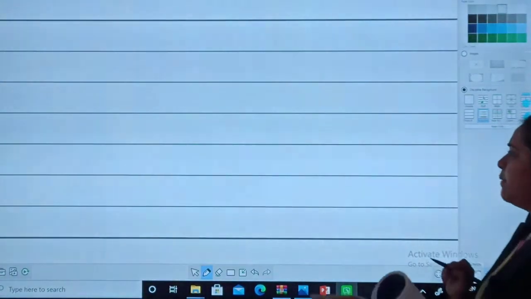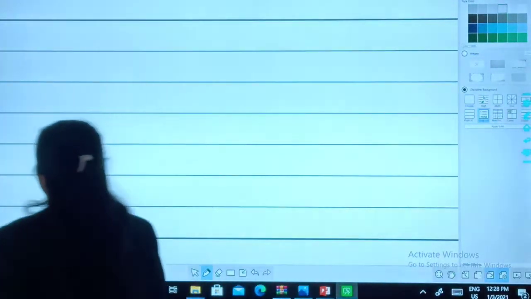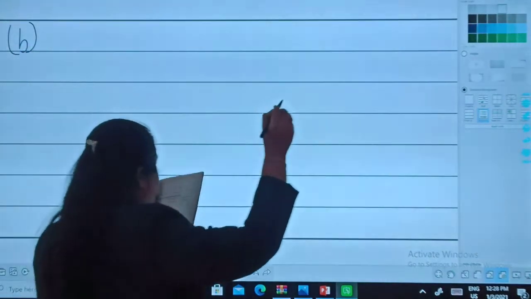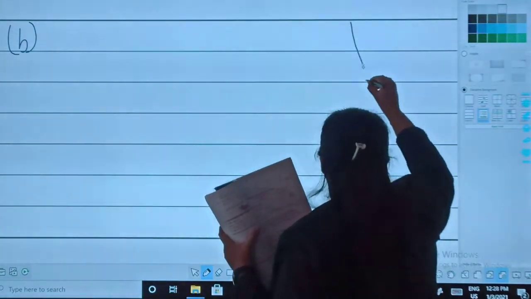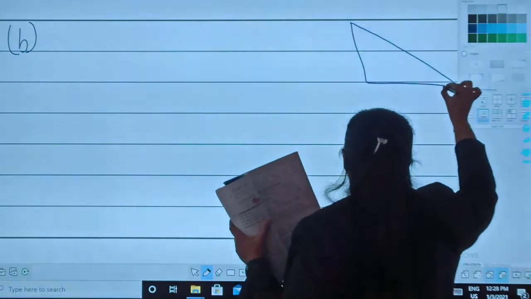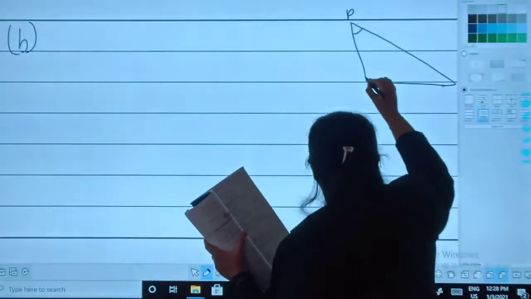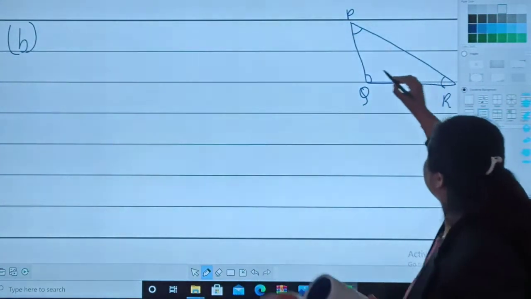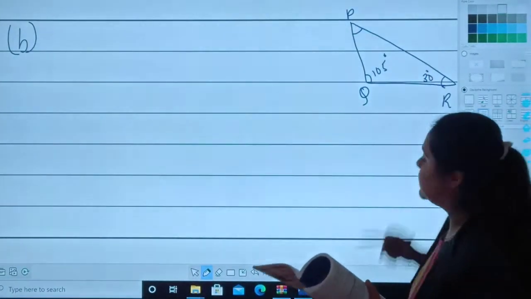Let's solve one more sum. Let's solve the B one. I'm just trying to draw it, okay? You need to draw it with proper scale, pencil and everything. Angle P, angle Q and angle R. 105 and 30 degree.